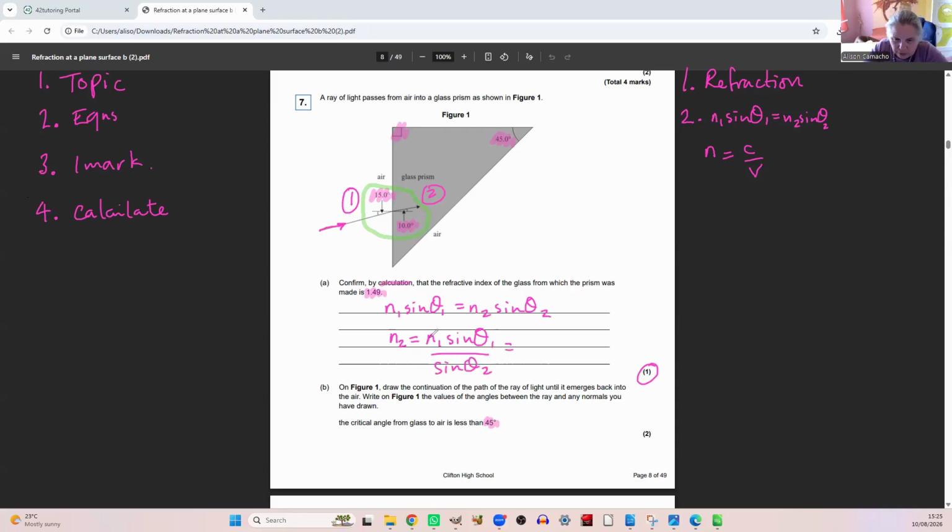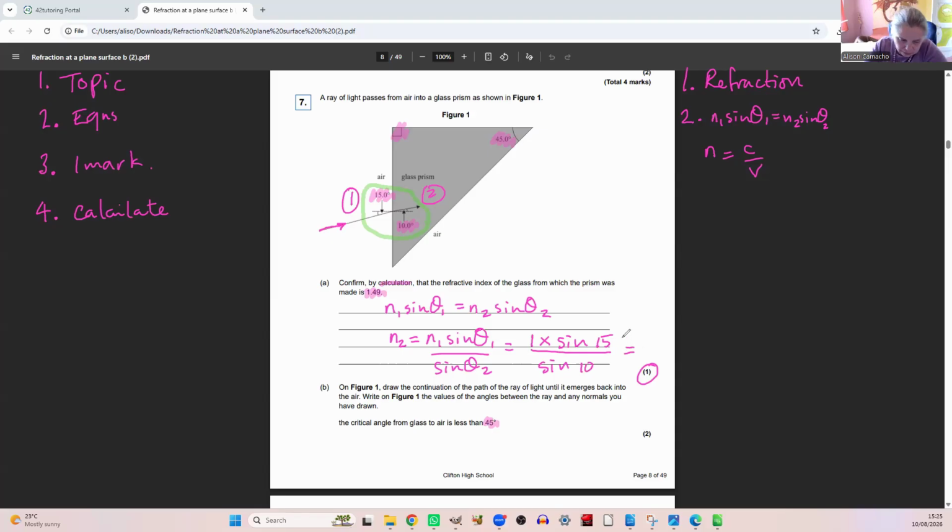Now I'm going to plug my numbers in. n1 is 1, times sine of 15, divided by sine of 10.